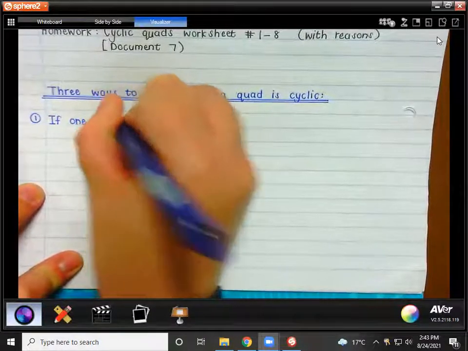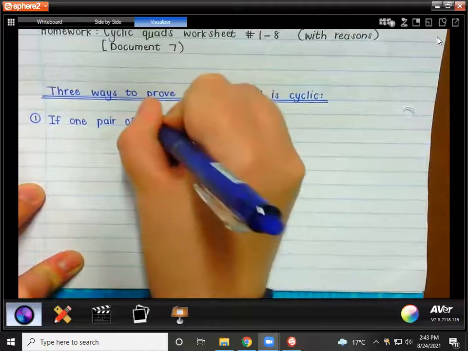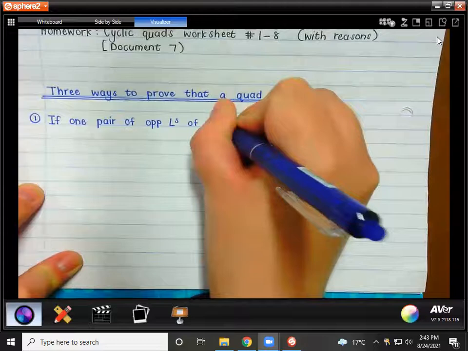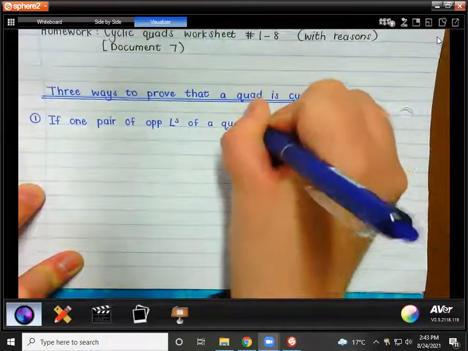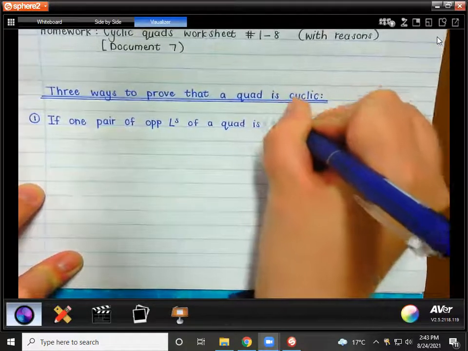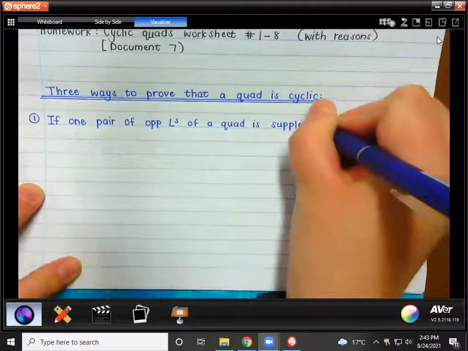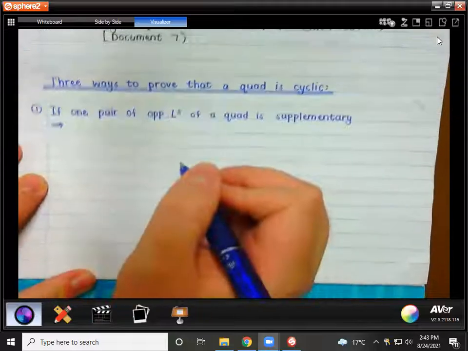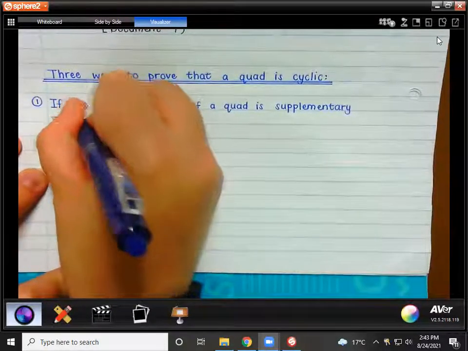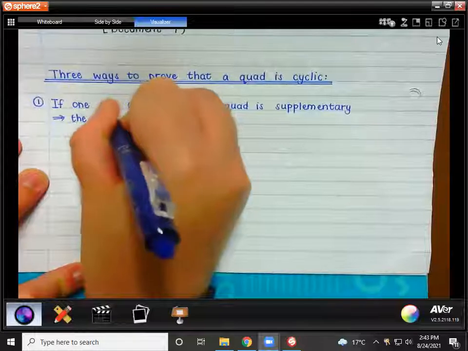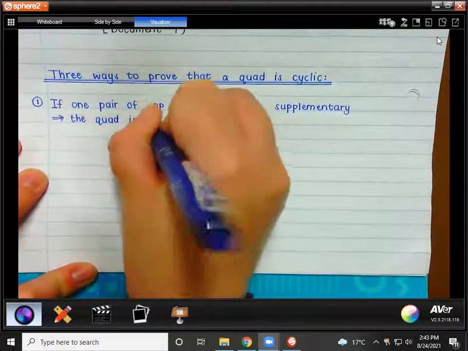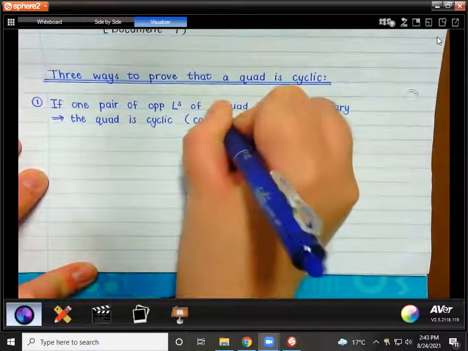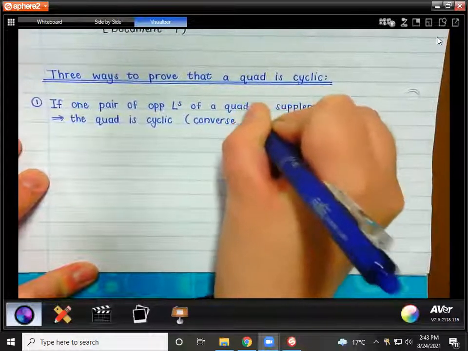Okay, so first I'm going to write down the ones that we know already. If one pair of opposite angles of a quad is supplementary, then the quad is cyclic. And that is where we would say converse, opposite angles of a cyclic quad.